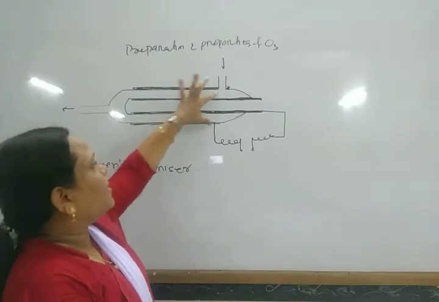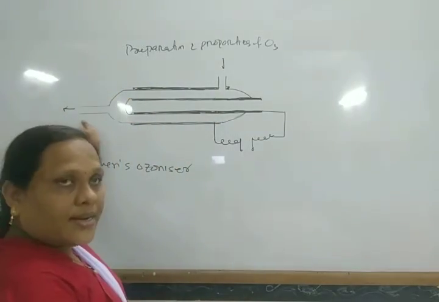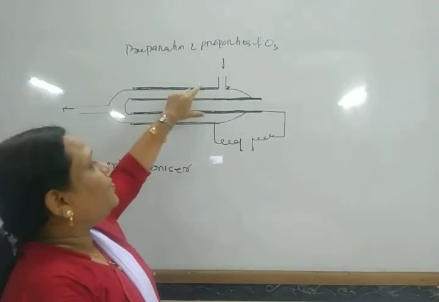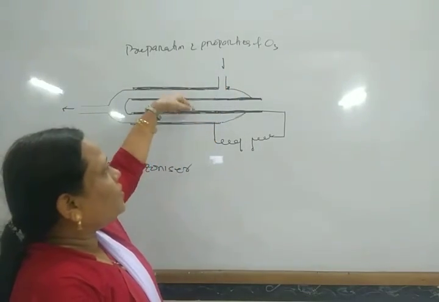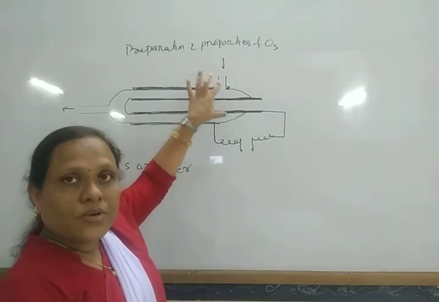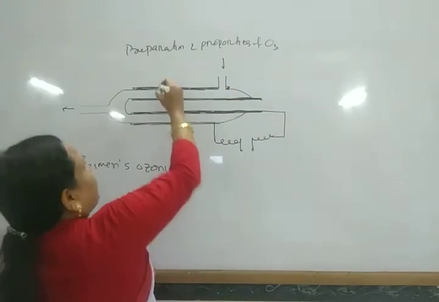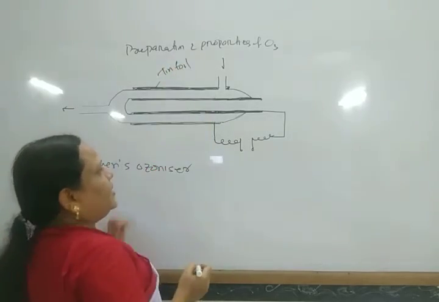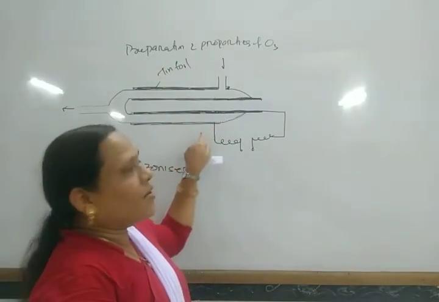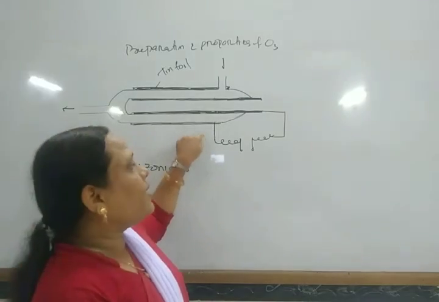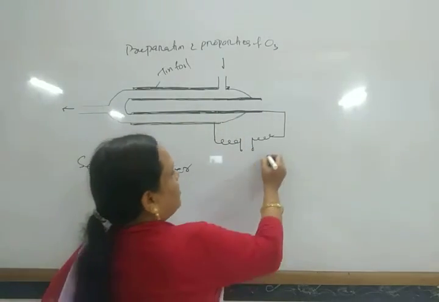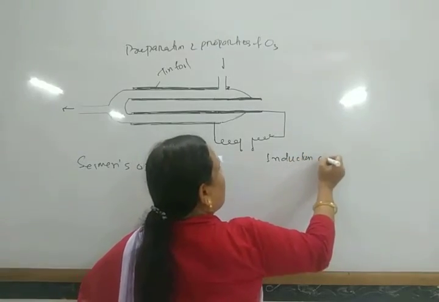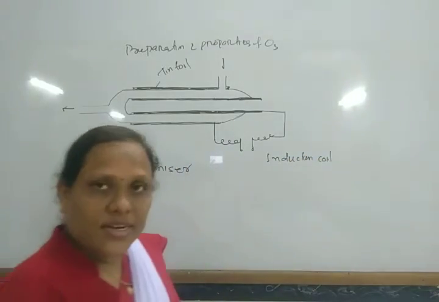So two coaxial tubes are fitted at one end, and here there is an outlet and there is an inlet, and the inner side of the tube and the outer side of the tube are coated with tin foil. These are tin foil, and the inner and outer tin foil are connected with an induction coil, which provides high voltage.